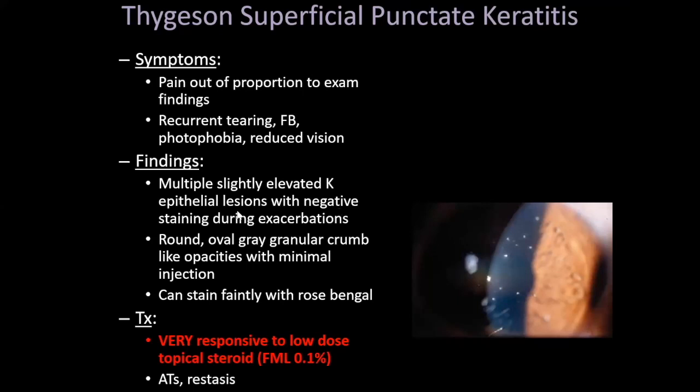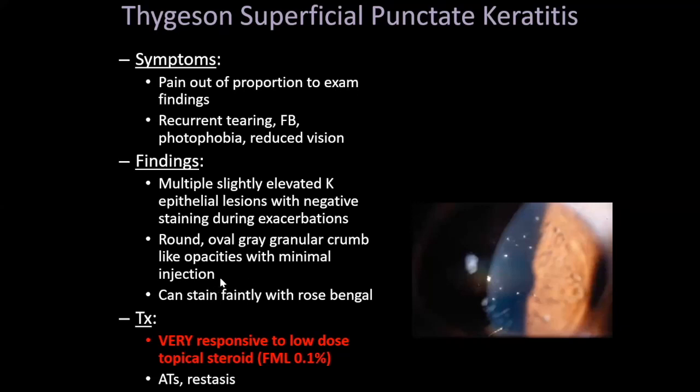On examination, you find multiple slightly elevated corneal epithelial lesions with negative staining during exacerbations. These areas of elevation are round, gray granular crumb-like opacities with minimal injection. The conjunctival involvement is very, very minimal. That is what differentiates this from other forms of epitheliopathy.